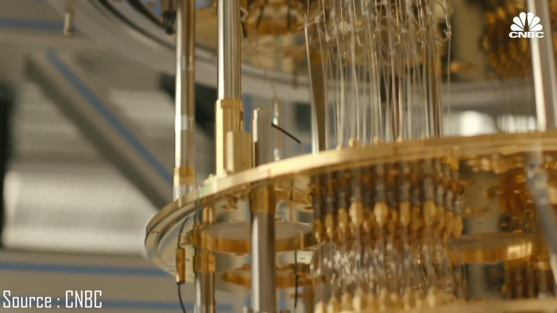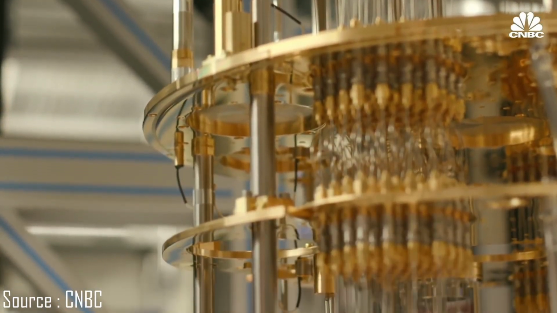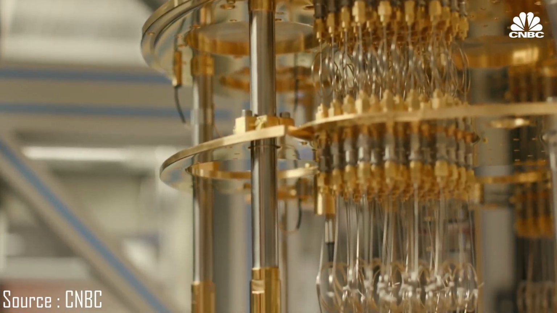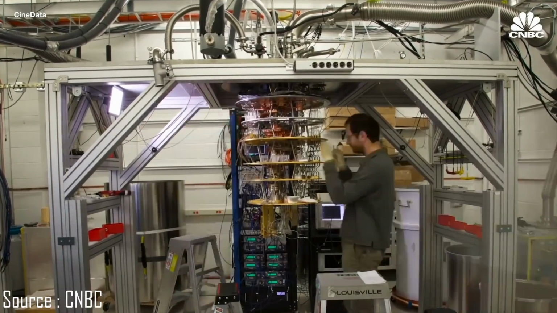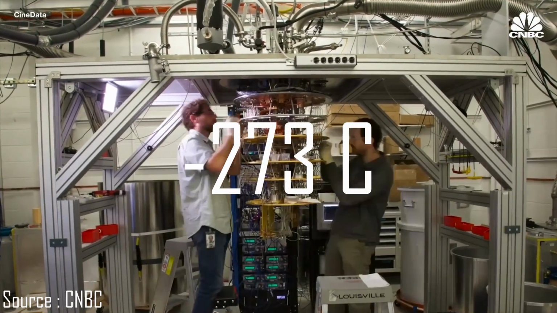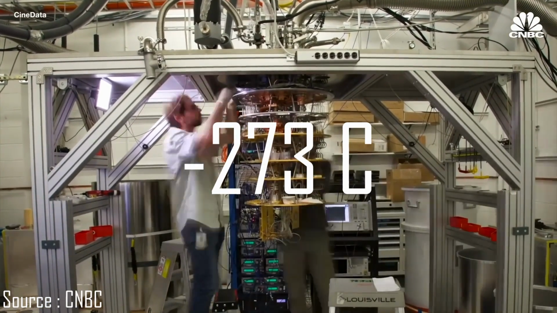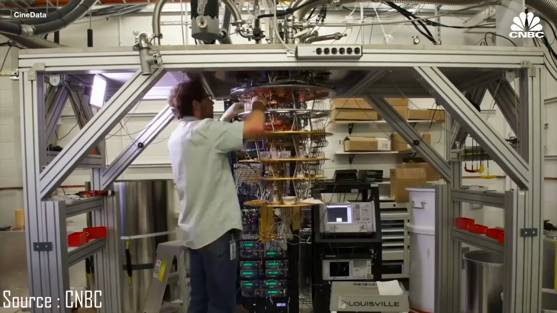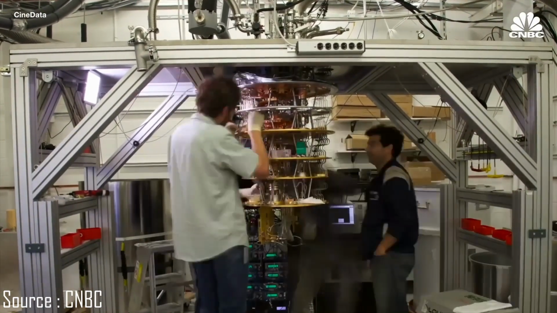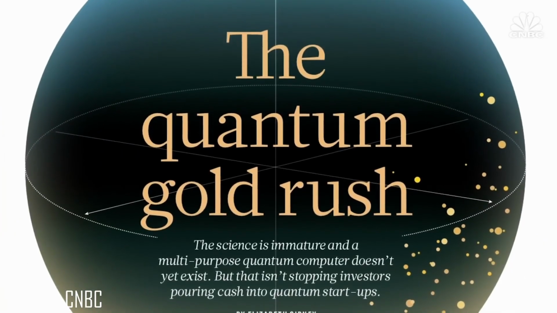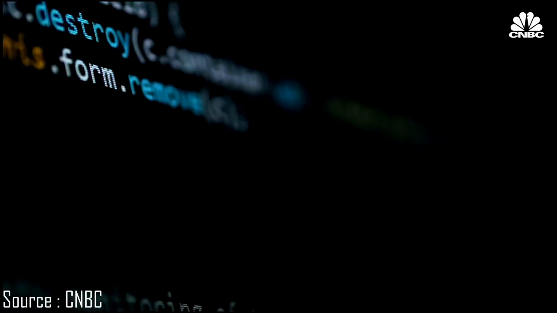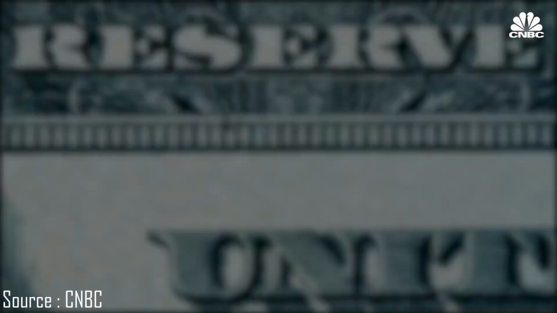However, these all are theories, as you require the quantum computer to be in an ideal environment where temperatures are closer to absolute zero, that is minus 273 degrees Celsius, and there is no radiation. A lot of companies are putting their efforts to turn this concept into reality, such as IBM. They say they'll have a fully functional quantum computer in 3 to 5 years.